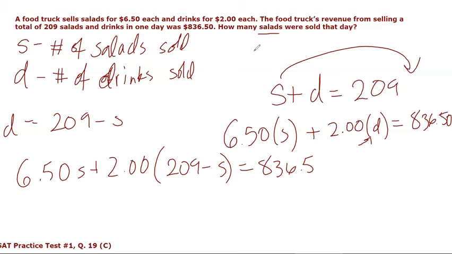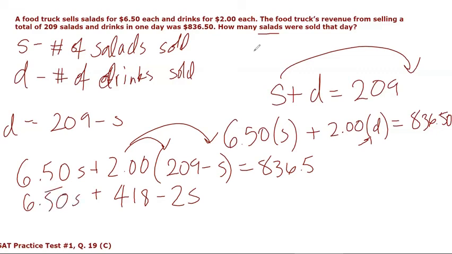Well, if we distribute the 2 to the 209 and the S, we would get 2 times 209, which is 418, minus 2 times S, which is just 2S. And you have 6.50S on the left side, minus 2.00S, is equal to 836.5.